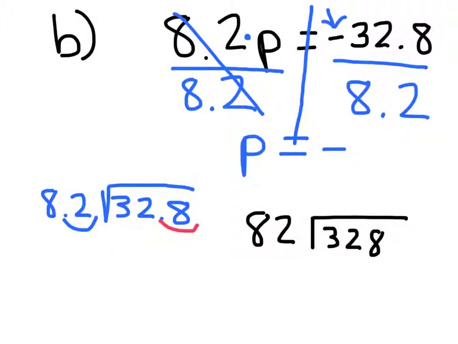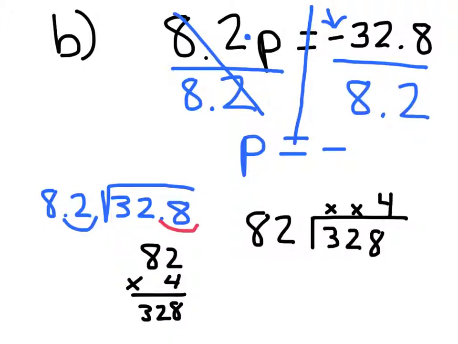Okay, 82 won't go into 3. 82 won't go into 32. I'm going to guess 4 here. So 82 times 4, I get 328. And look at that, it comes out evenly, so it's going to go in there 4 times. I get a remainder of 0.